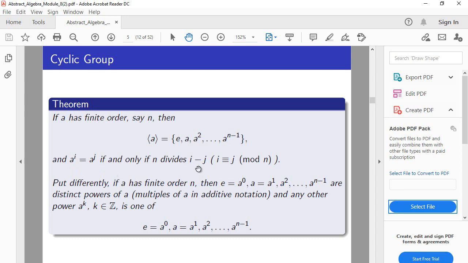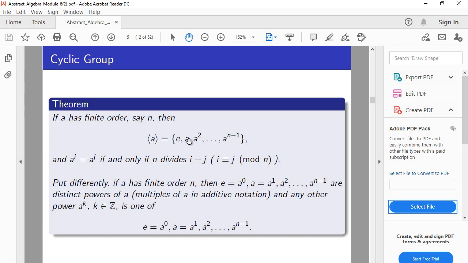And like I have explained already, this also proves this line right here, that the subgroup generated by A contains only n distinct powers of A. So notice that none of these exponents here are congruent to each other mod n.